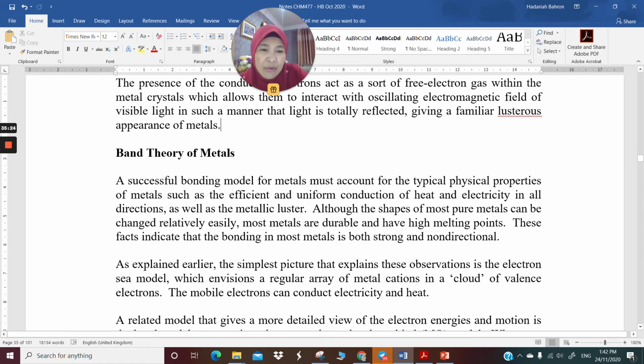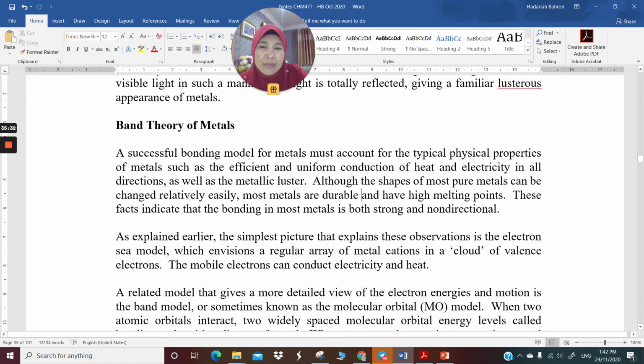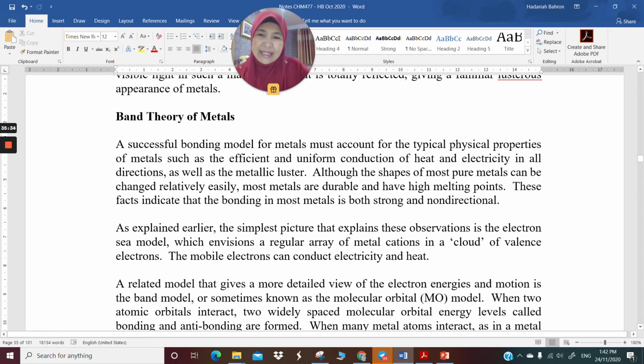Although the shapes of most pure metals can be changed relatively easily, most metals are durable and have high melting points. This indicates that the bonding in most metals is both strong and non-directional. Non-directional means it can go in whichever direction. If you knock it this way, it will go that way, and so on.